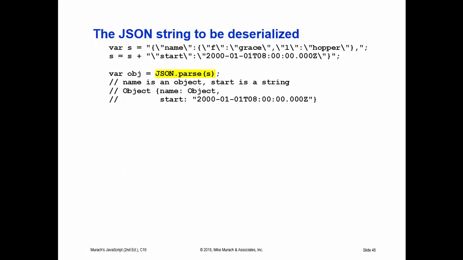Sometimes it just makes the most sense, again, to look at some examples. So this optional reviver parameter of the parse method is a function that's called on every object or array element to let you control the serialization.